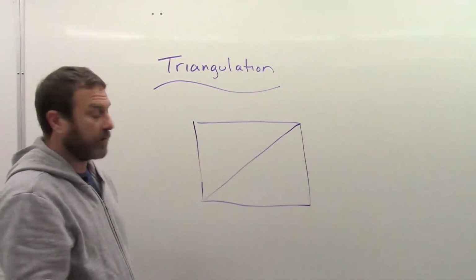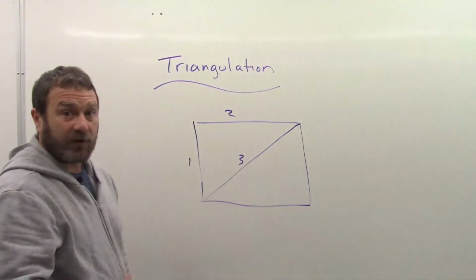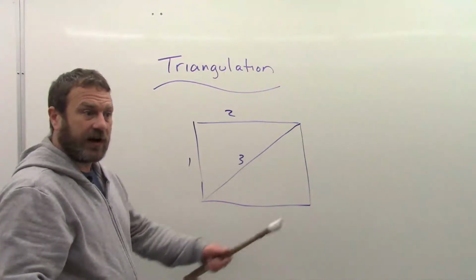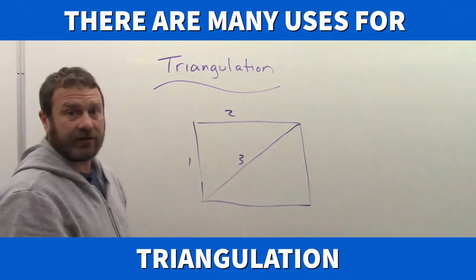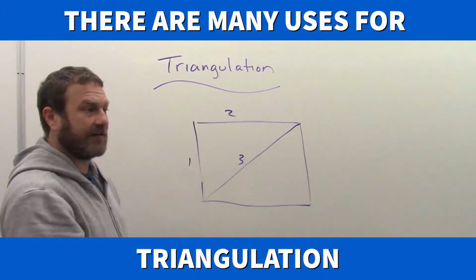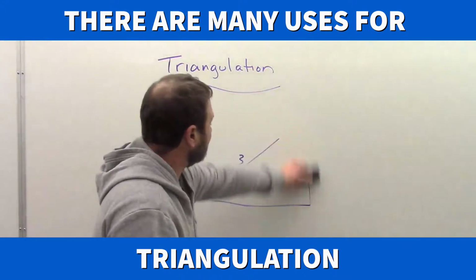So we have three known lengths, 1, 2, 3, say. If we take those lengths and we transfer them onto a piece of metal by triangulation, we'll make the panel exactly the same as the wall is. Okay, so that's where we sort of use triangulation.